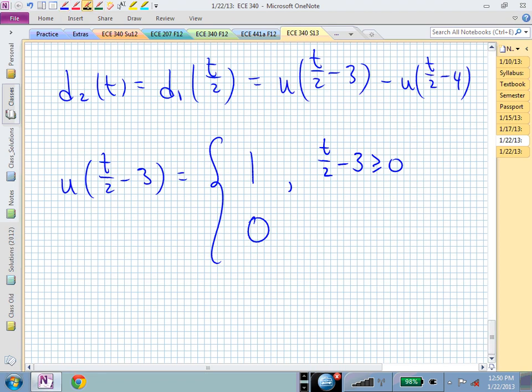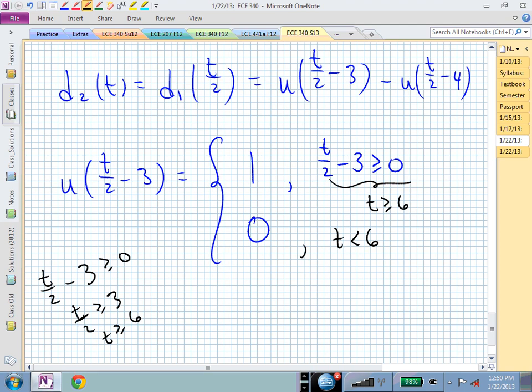And you could go on some scratch paper and say, okay, I have t over 2 minus 3 greater than or equal to 0. I can now add 3 to both sides. So this now boils down to t being greater than or equal to 6. Did I do the algebra correctly? So this is now t less than 6. So I turn on at 6 with this particular unit step and its argument.